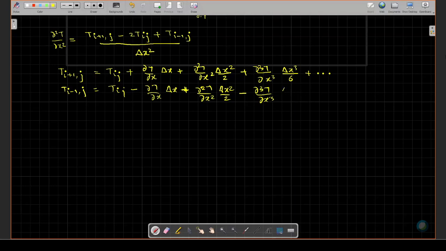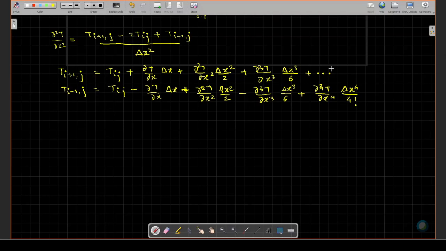Okay, delta x cube 6 plus d4 t dx4 delta x4 divided by 4 factorial.